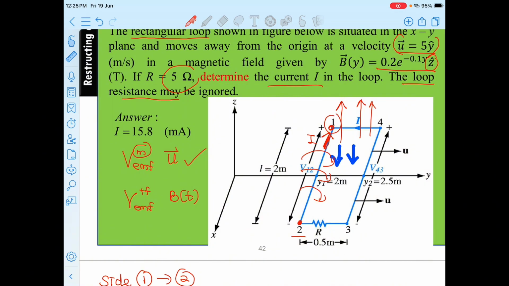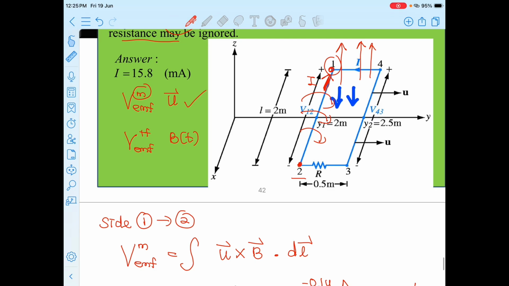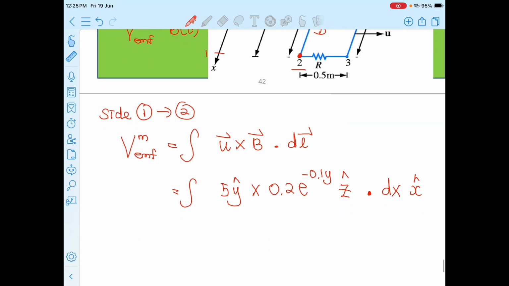Here the length is 2 meters, so one side is at 1 meter and the other side is at -1. So we integrate from 1 to -1.